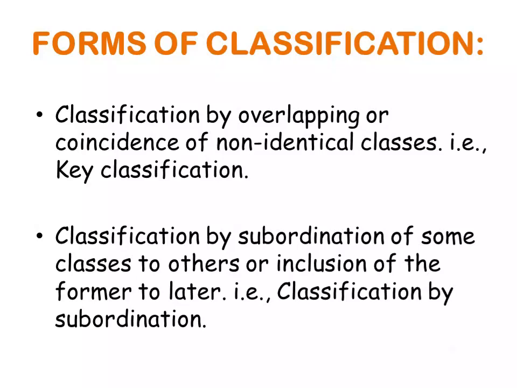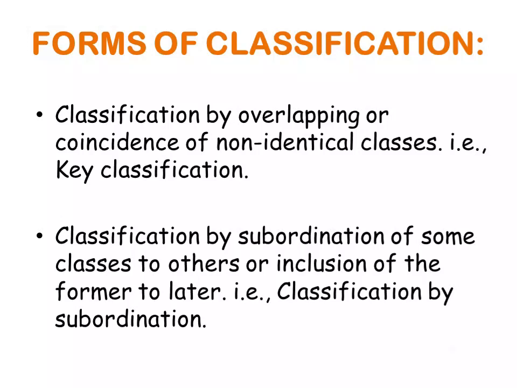Forms of classification. Classification by overlapping or coincidence of non-identical classes is known as key classification. Classification by subordination of some classes to others, or inclusion of the former in the latter, is known as classification by subordination. An example will make the above contentions clear.